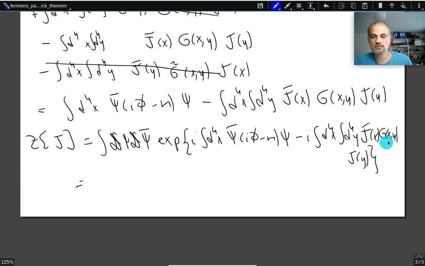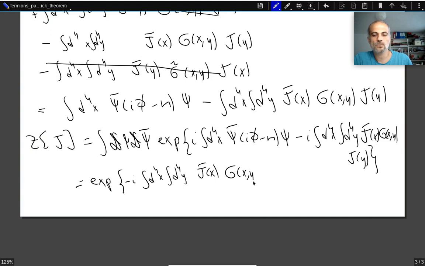But you see, this exponent is now independent of psi, so I can just take it out. So we get exponent of minus i∫d⁴x d⁴y j̄(x) g(x,y) j(y), multiplied by something that doesn't depend on j. When we set j equal to 0, the only thing that remains is that something else. So that is actually Z[j=0].